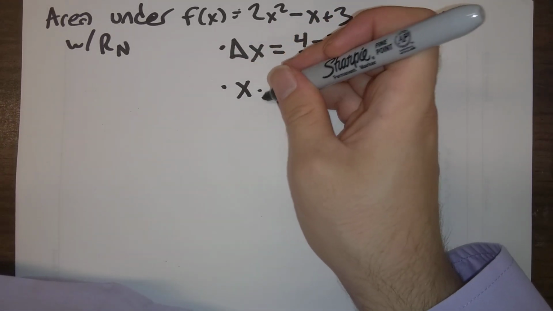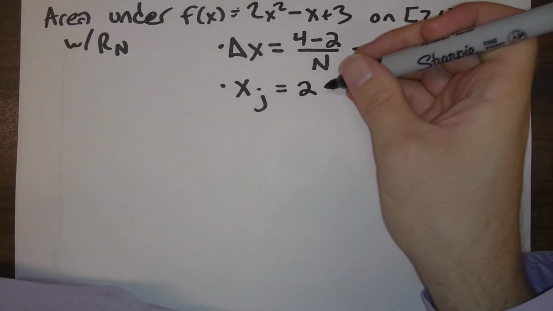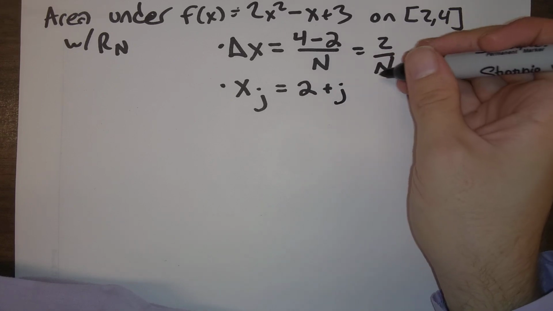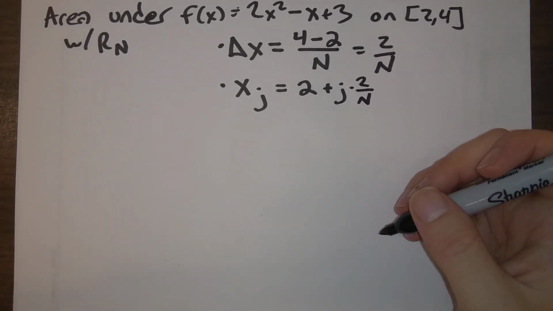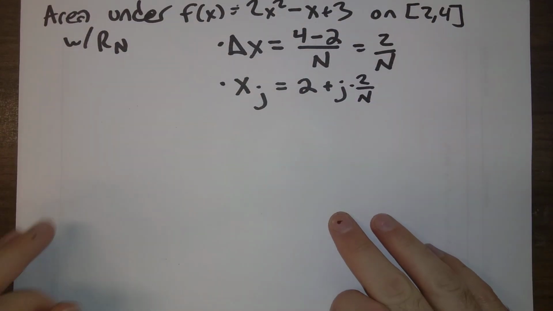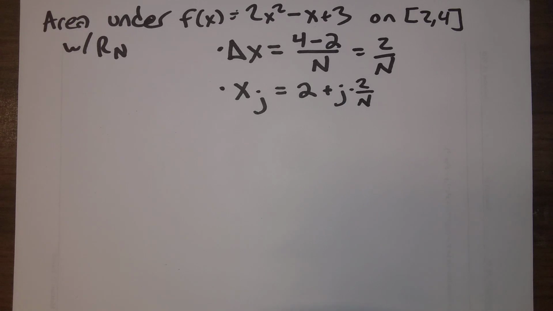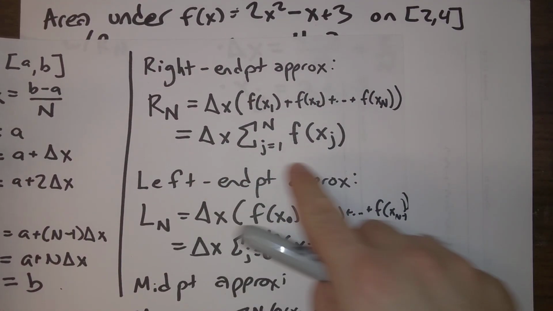And so then our x sub j term in general is a, which is 2, plus j times delta x, so j times 2 over n. So we've got these two things written out. Now we can ask, what is our right endpoint approximation?